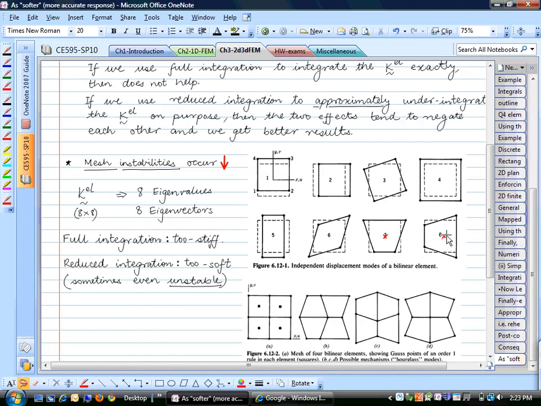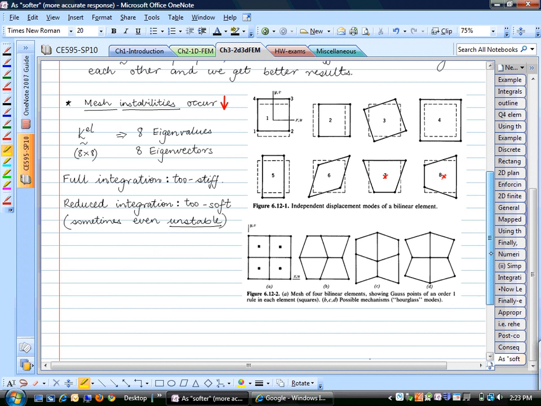Similarly for this, if I calculate the Jacobian at the middle of the element for this type of a deformation, the J is 1. So if I calculate the integrand, it says that I have not deformed. So these 2 become the 0 energy modes, or they are also sometimes called hourglass modes. And that term is right here, hourglass modes.